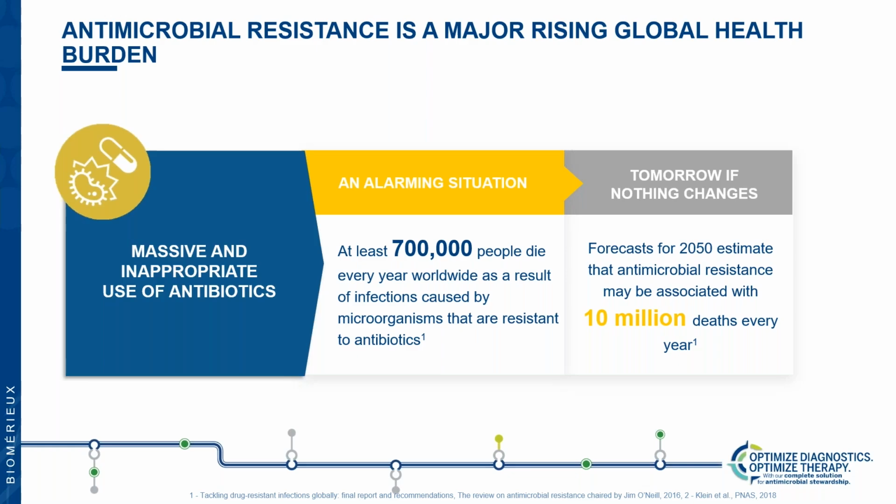So we're facing that alarming situation with that really frightening statistic that at least 700,000 people will die every year worldwide as a result of infections by microorganisms that are resistant to antibiotics. If nothing changes, we could face up to about 10 million deaths per year. So it's essential that we take action now and optimize the use of antimicrobials which are still effective.